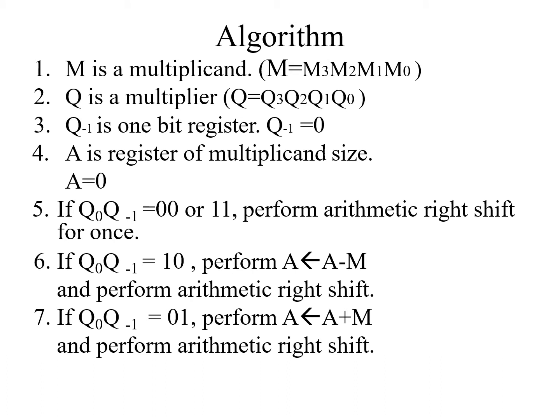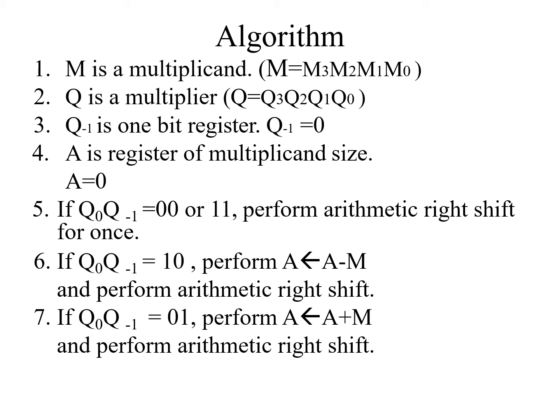Every multiplication operation involves a multiplicand and a multiplier. Consider the multiplicand is denoted by M. Say it is 4-bit long, then the bits can be named M3, M2, M1, M0, from which M0 is the LSB and M3 is the MSB.